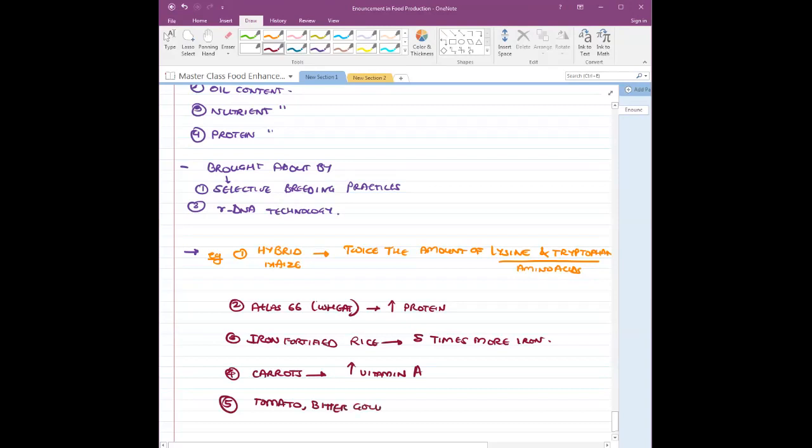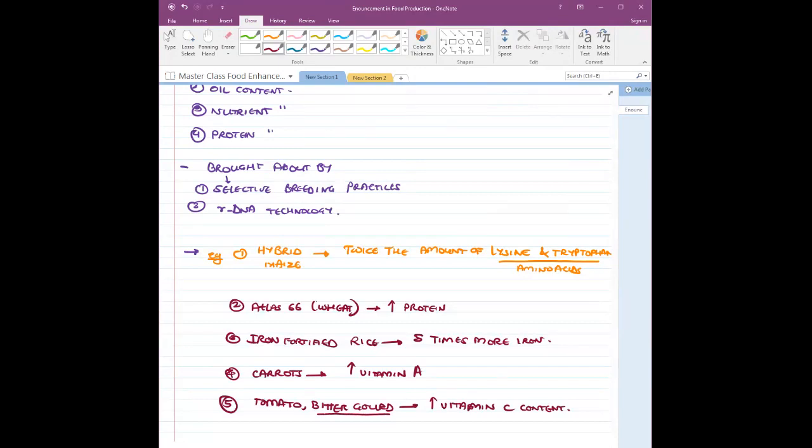Okay, now what is this bitter gourd? Can anybody tell me? We have normal gourd and we have bitter gourd. What is this bitter gourd? Very nice. Yeah, this is nothing but your Karela. Okay, so in this Karela and tomato, basically they are trying to increase your vitamin C content. So enriched vitamin C content. Okay, so these are some of the plants that have been developed by biofortification.